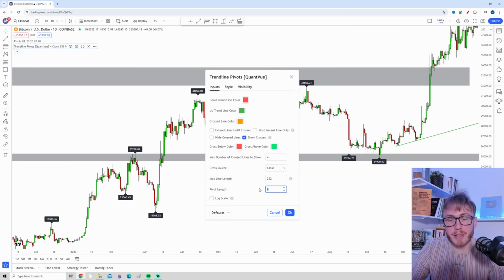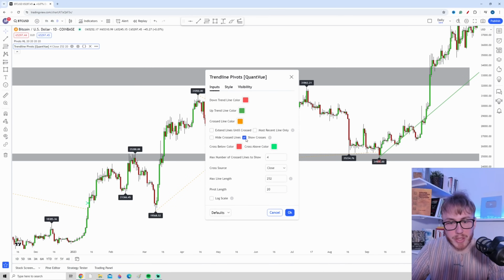You can see the number right here. So currently the quant view indicator is using 9 as their calculation period. So they use pivot points based on a length of 9 to make its calculations. But remember that we use pivot points based on 20. So we want to change the pivot length here to 20.